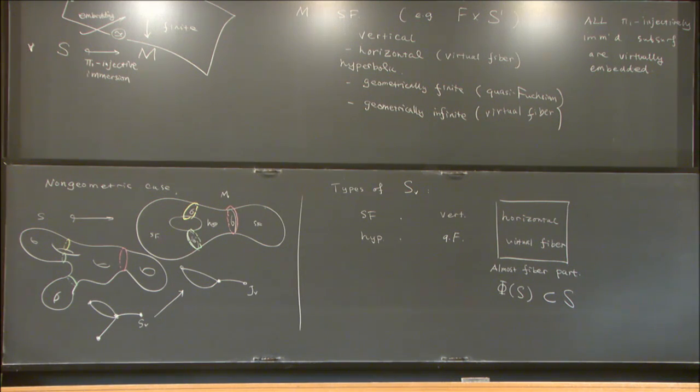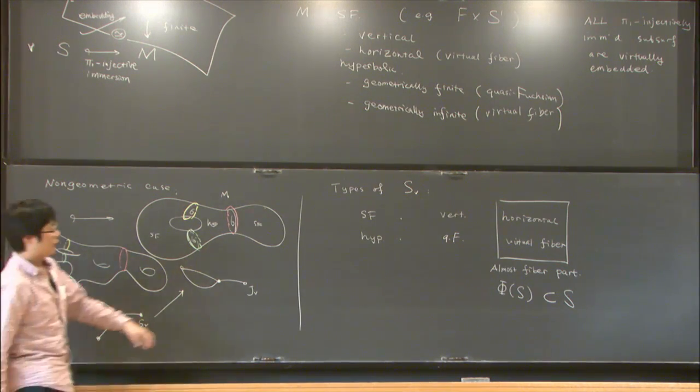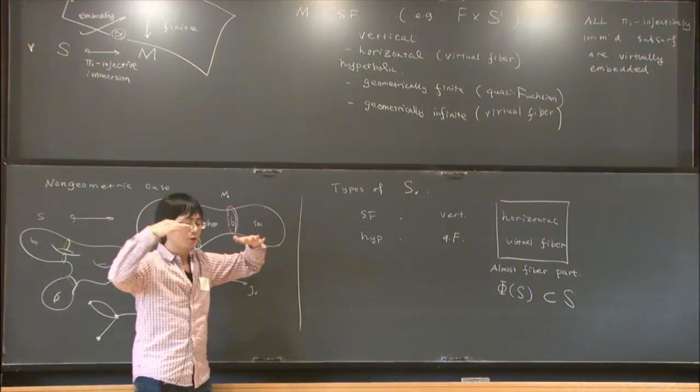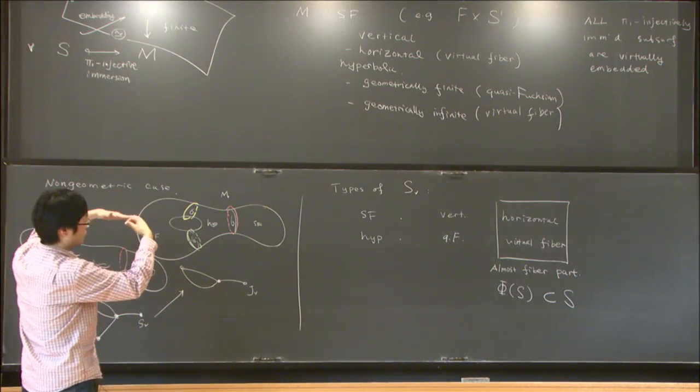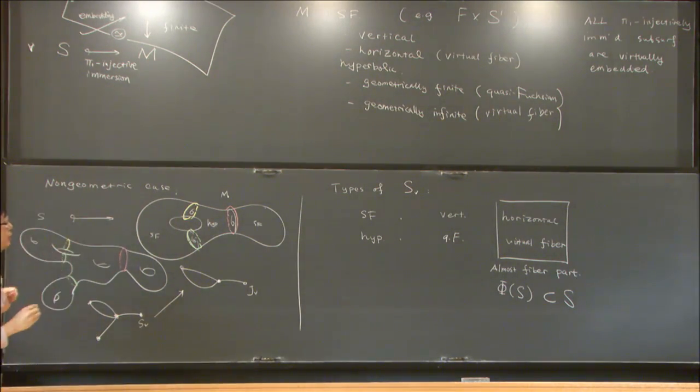Given the setting above, S is virtually embedded if and only if phi sub S is. It turns out for the other types of subsurfaces, there would be no issue about this gluing or the problem that I described before. The embeddedness is really a property regarding the almost fiber parts.